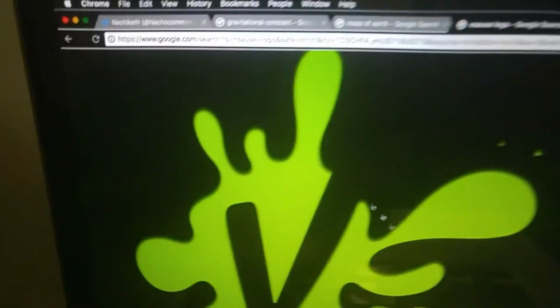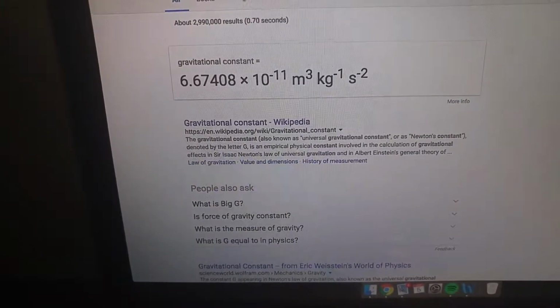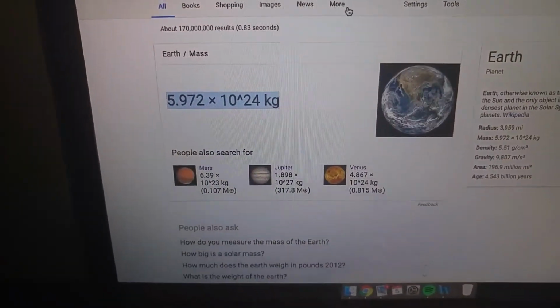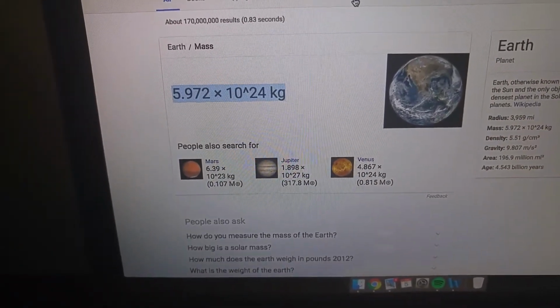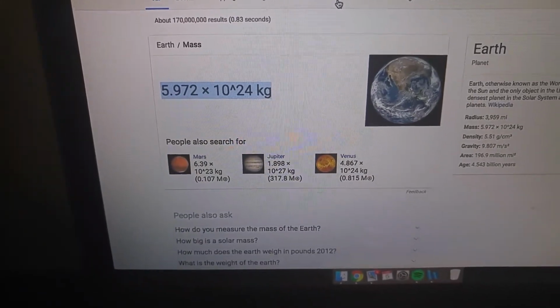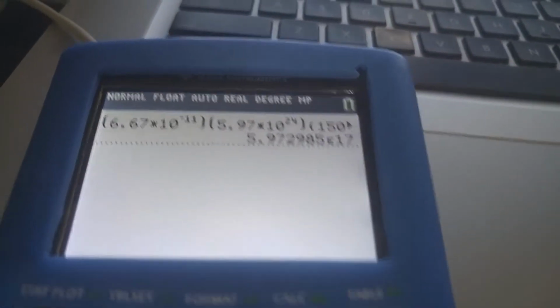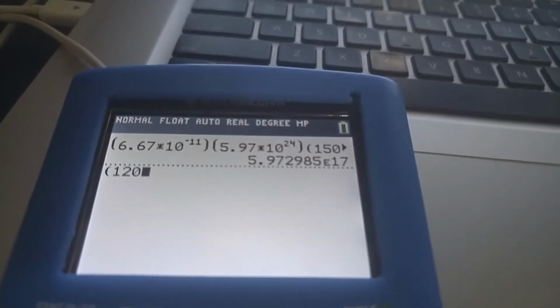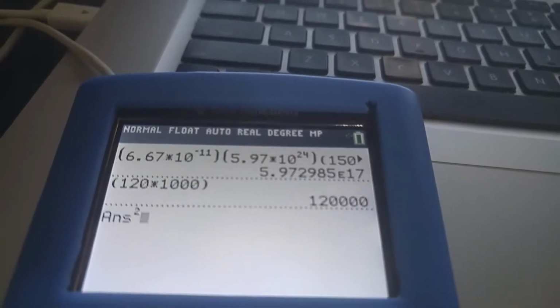So first we need big G: 6.67 times 10 to the power of negative 11, times the mass of Earth, 5.97 times 10 to the power of 24, times 1500 kilograms. And in the bottom we have 120 kilometers times 1000, and we square that number.